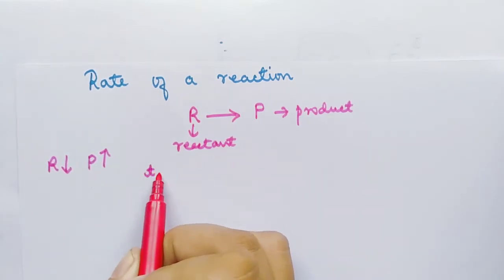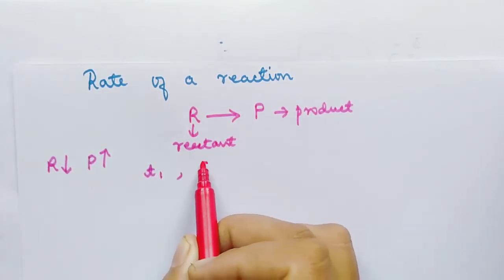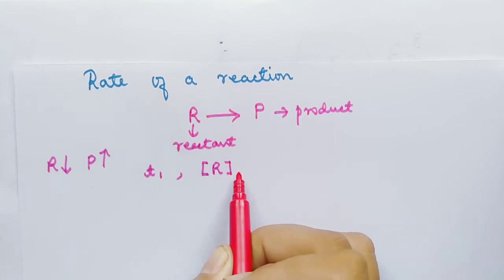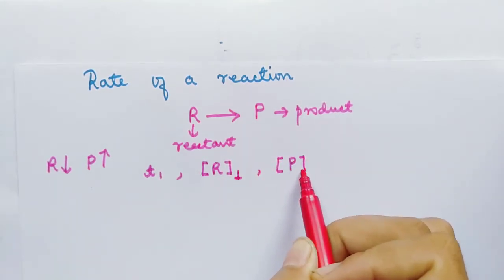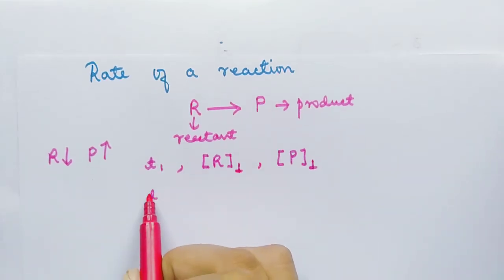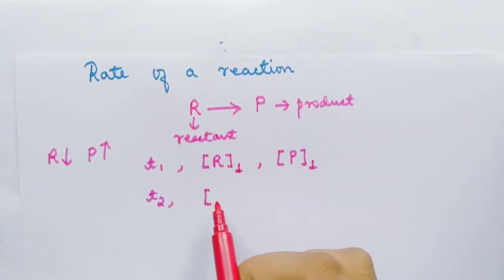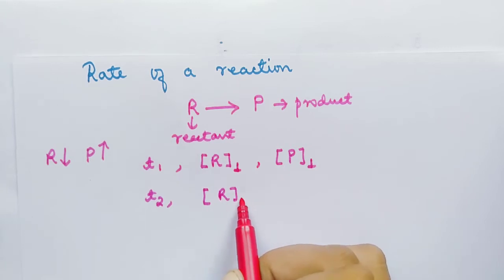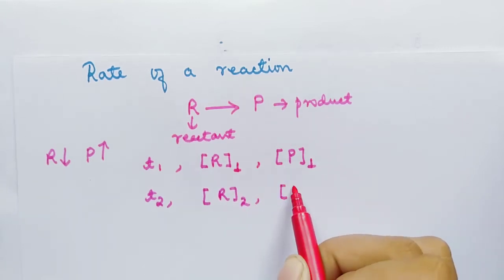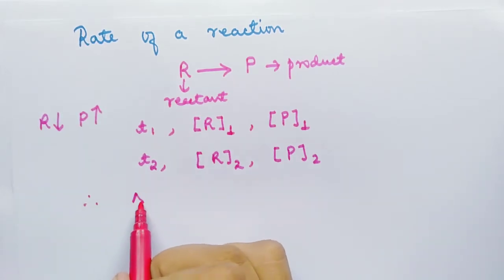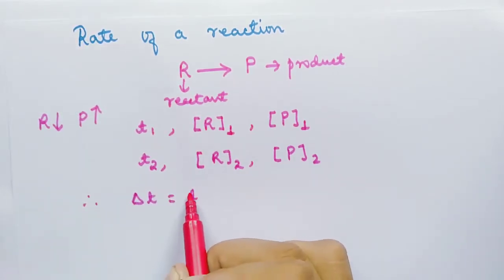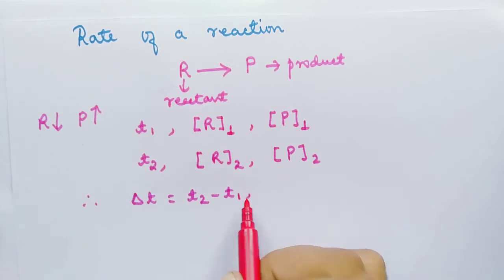Suppose at time t1, the concentration of the reactant R is R1 and that of the product is P1. And let at time t2, the concentration of the reactant be R2 and that of the product be P2. So what is the change in time? T2 minus T1.